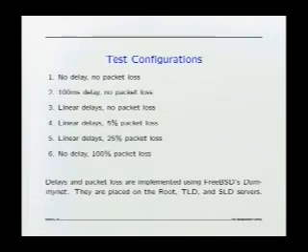I did 6 different test configurations. The simplest one has no delays and no packet loss. Then I did one with constant 100 millisecond delays and no packet loss. I have 3 with linear delays, which I'll explain in the next slide: 1 with no packet loss, 5% packet loss, and 25% packet loss. And finally, 1 with 100% packet loss.